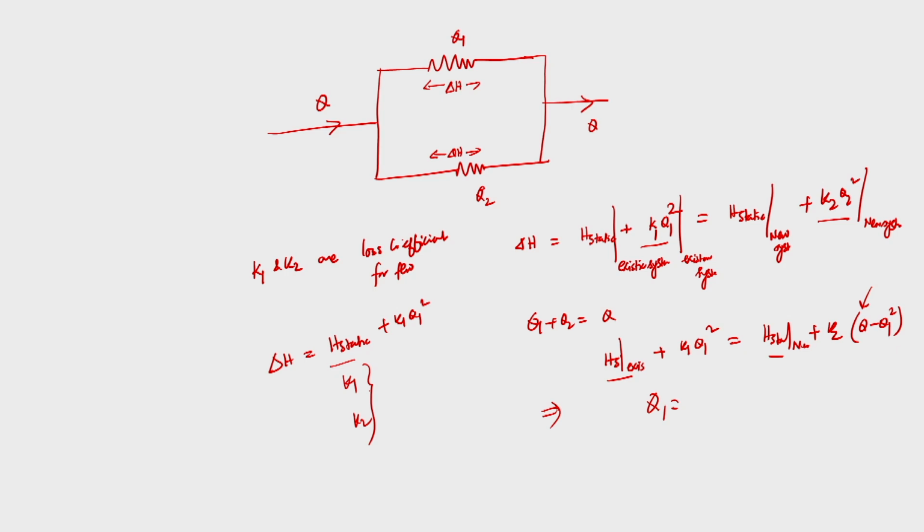Only the K1 loss coefficient of flow we can change, by changing the valves or fittings, etc. In an installed plant, valves are there only for flow control. Again, pipeline frictional resistance we cannot change, because once pipes are laid down, how can we alter the pipe diameter and all those things? It requires huge cost.